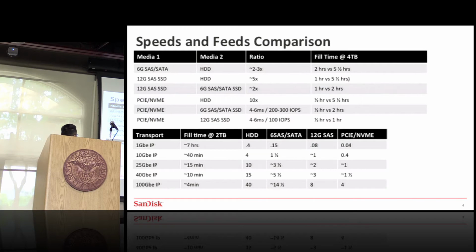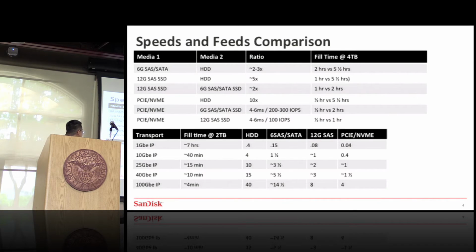When you look at PCIe versus hard drives, the differences are dramatic, but when you're looking at PCIe NVMe versus SAS and SATA, not so much, and that's not looking at dual-ported capabilities at the moment.